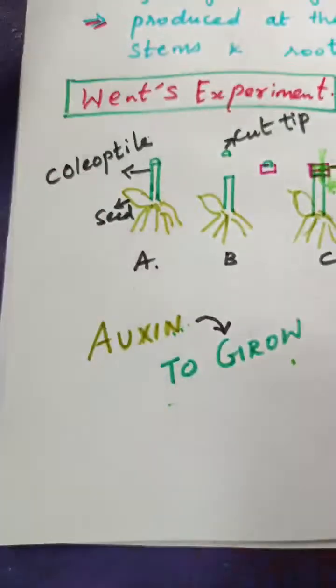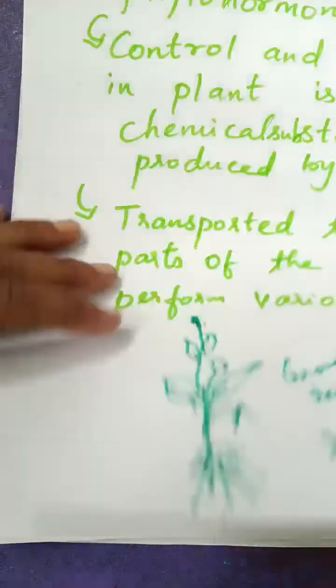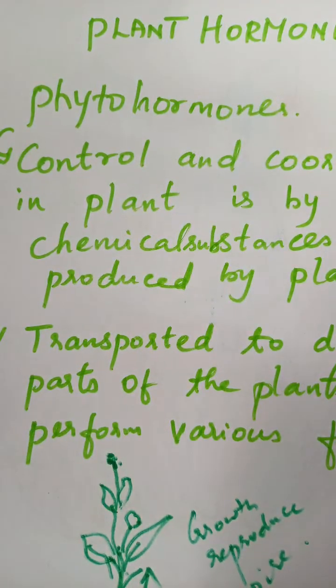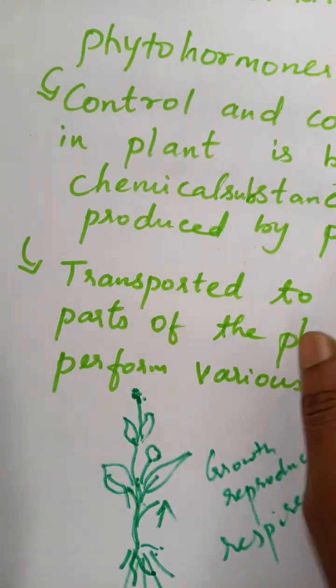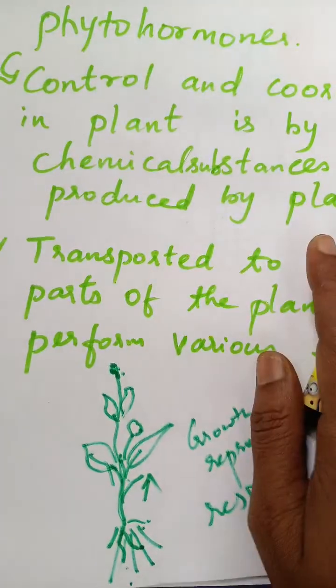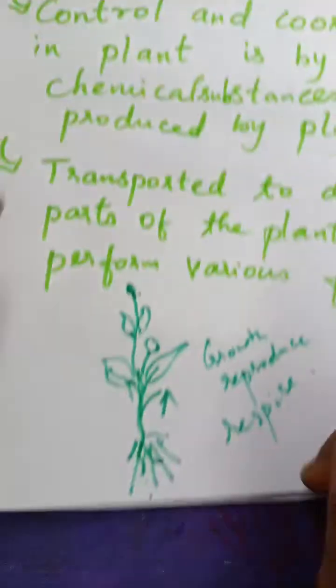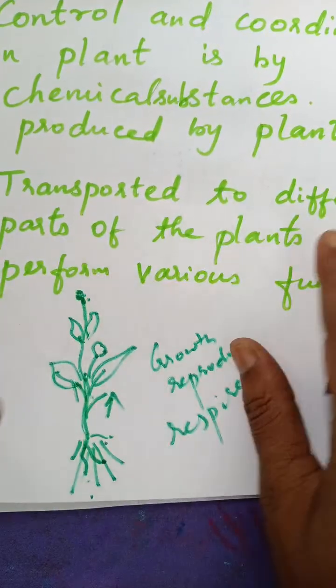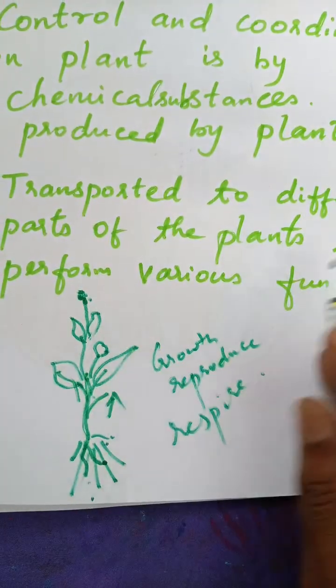In this session we have studied the introduction, and what phytohormones are, and how they control and coordinate, because it's mainly by the chemical substances produced by the plants. They are the phytohormones, and they are transported to different parts of the plants to perform various functions.